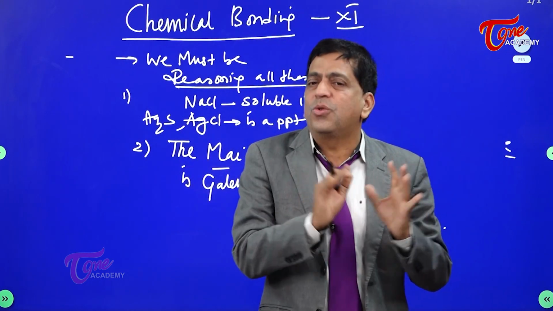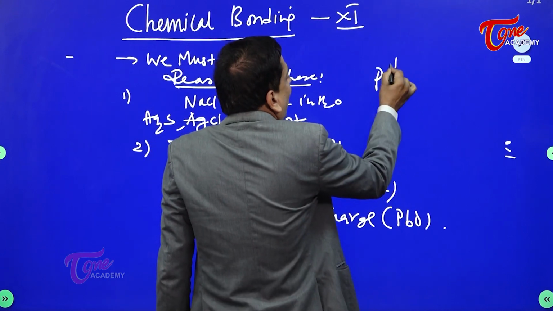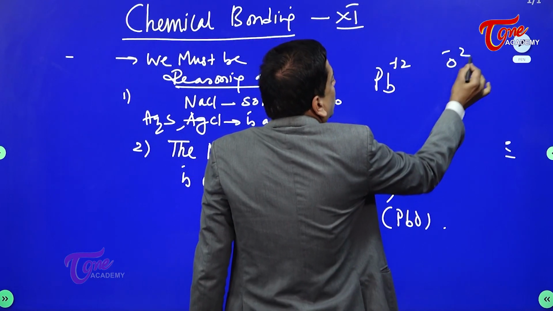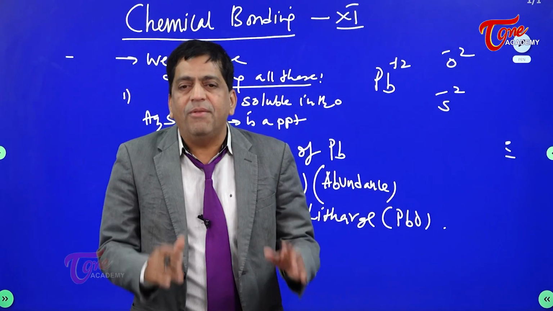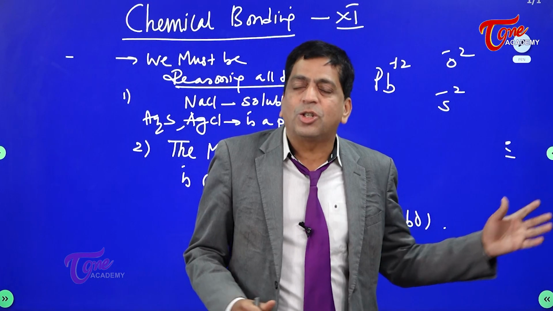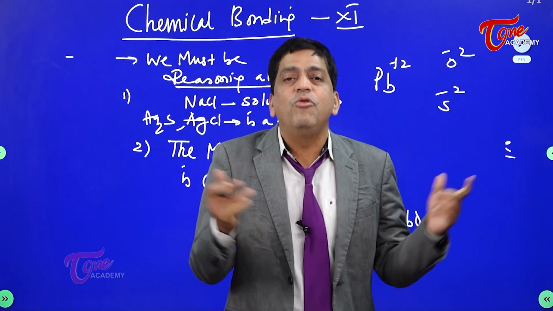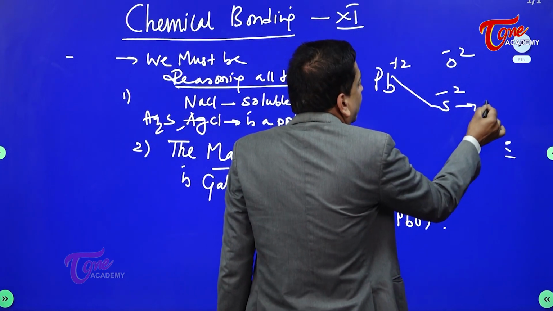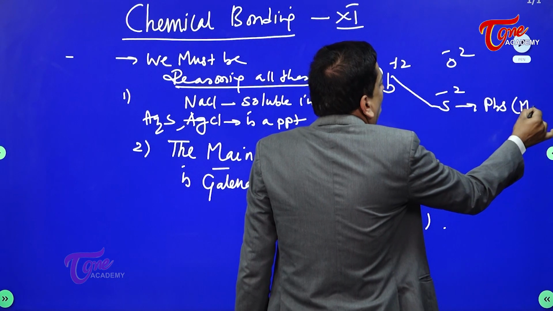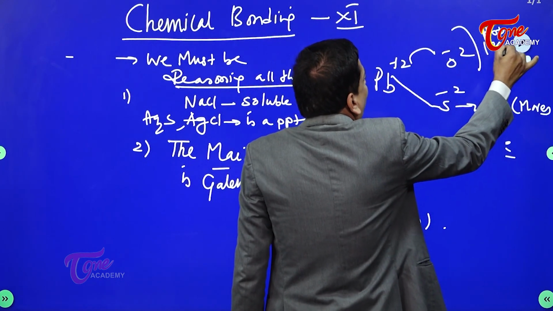So what I'm trying to reason with you is, if given a chance for the Pb2+ ion to combine with O2- or S2- in nature, it has basically combined more like this. This is more, and this combination, PbO, is lesser.